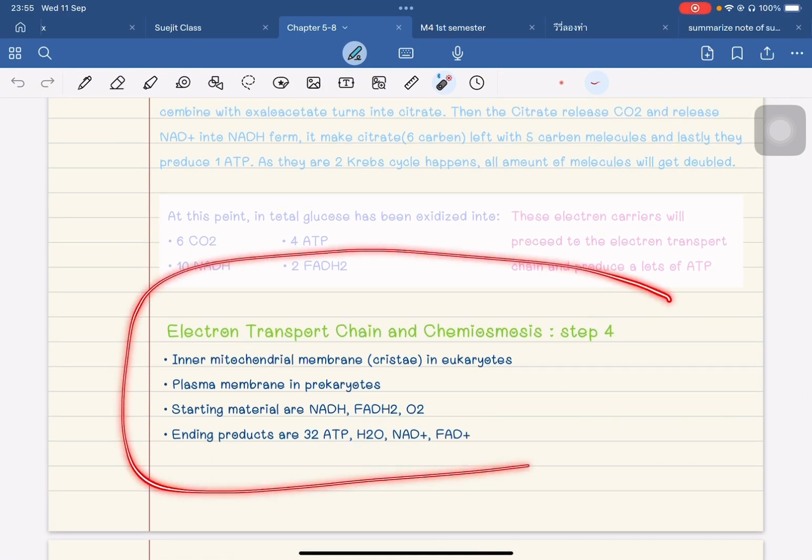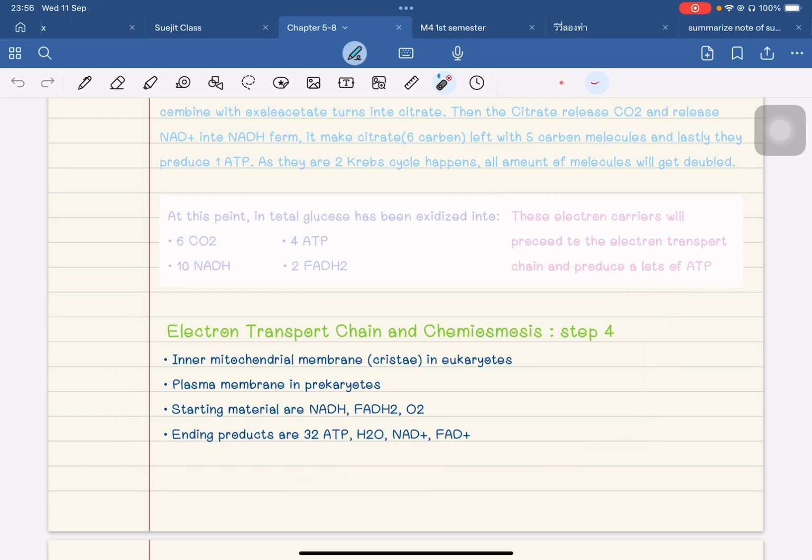Here is the last step, the electron transport chain and chemiosmosis. This happens inside the inner mitochondrial membrane, the cristae, in eukaryotes. In prokaryotes, it happens in the plasma membrane.